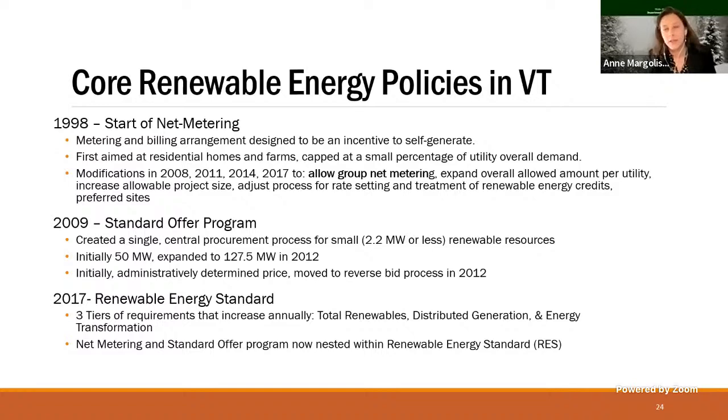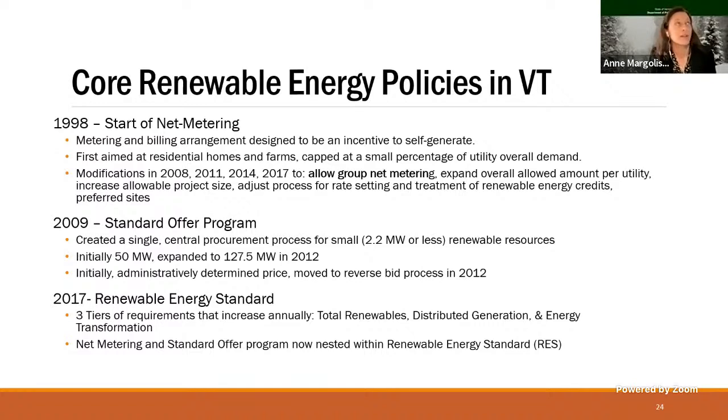And it's really a metering and a billing arrangement where a customer accrues credits on their bill that can offset their consumption. We started out in sort of a netting, spin your meter backwards framework, and we still have that part of net metering, but it's also moved toward a billing arrangement where you get a monetary credit on your bill that you can carry forward for 12 months.